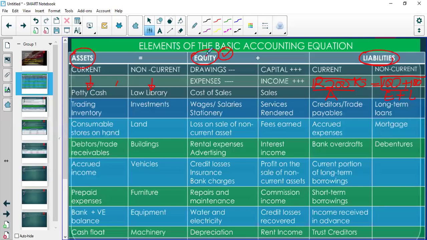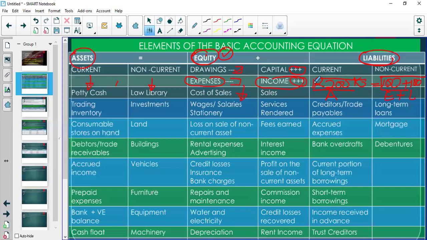We need to know that there's equity, which is made up of drawings. Drawings reduce equity, expenses reduce equity, capital increases equity, and income increases equity. We need to be able to identify those elements which constitute expenses of the business, those which constitute income of the business, and of course, your liabilities, current and non-current.